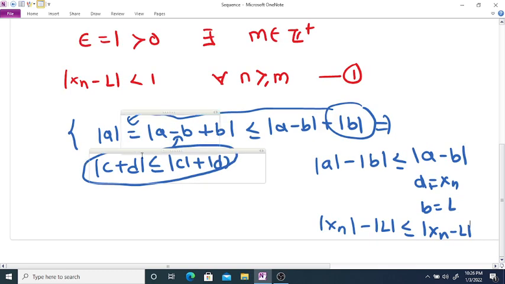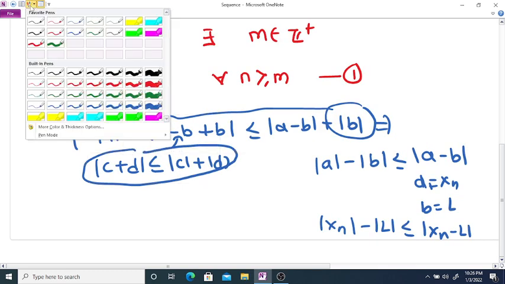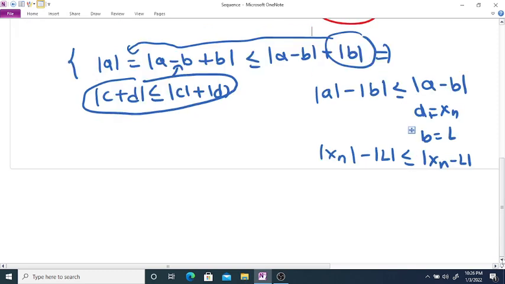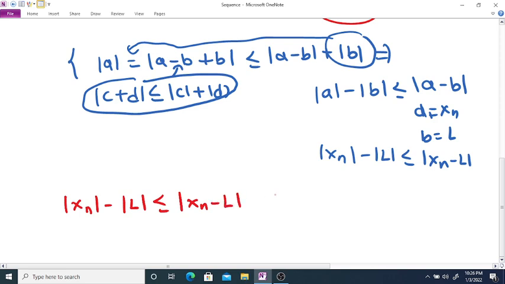So equation 1 becomes |xn| minus |L| is less than or equal to |xn minus L|, which is less than 1 for every n greater than or equal to m.